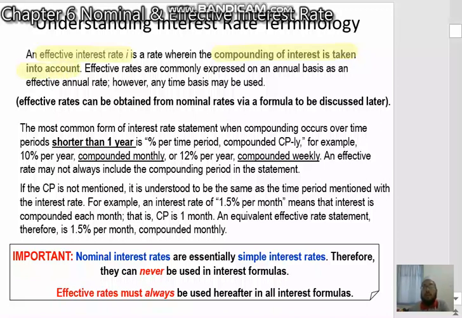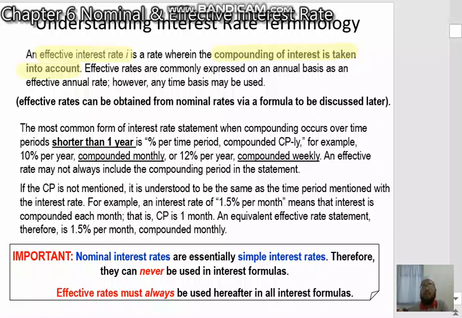Effective rates are commonly expressed on an annual basis as an effective annual rate. However, any time basis may be used. So it might use effective annual rates or any time basis. There are two formulas that can be used to calculate the effective rates, first, using the annual rates or any time period rates.